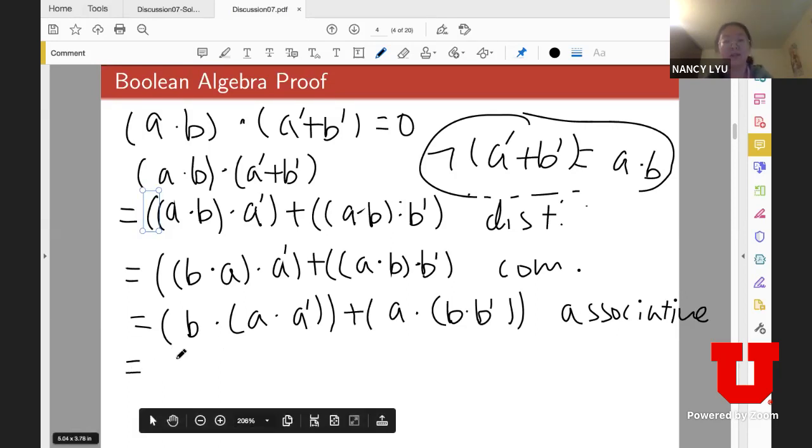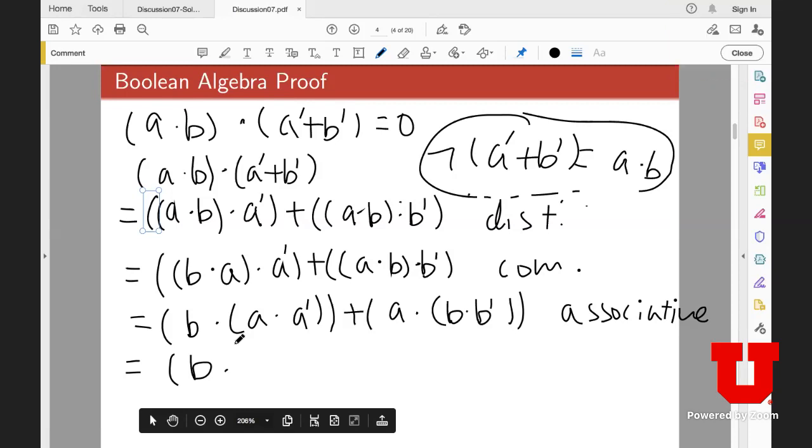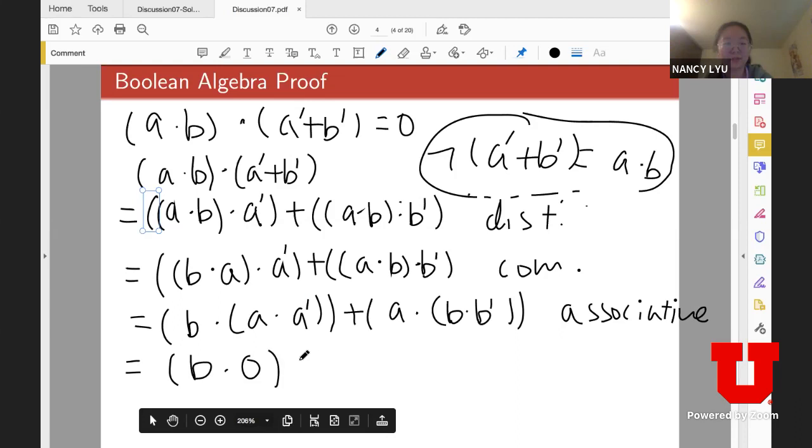Okay, and then what is going to be the next one? B dot negation. Yes, negation, which gives us 0, and plus A dot 0. And this is by negation.